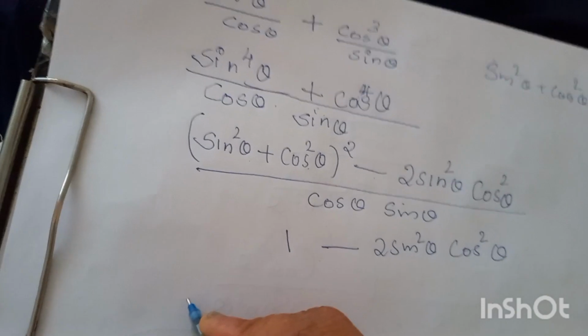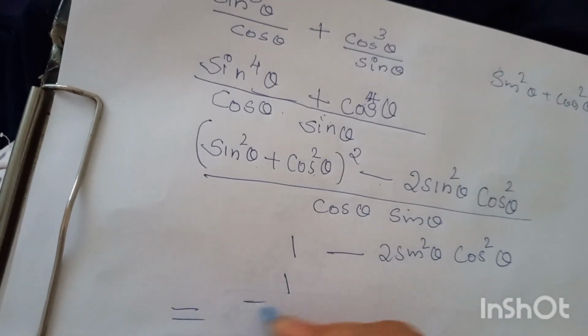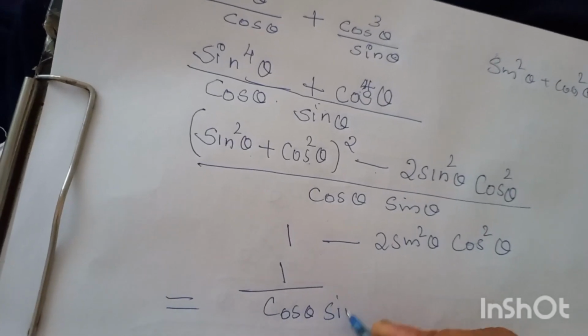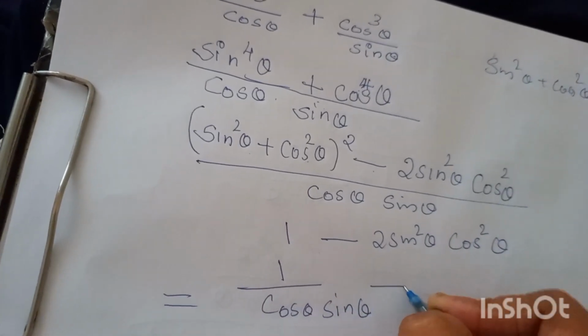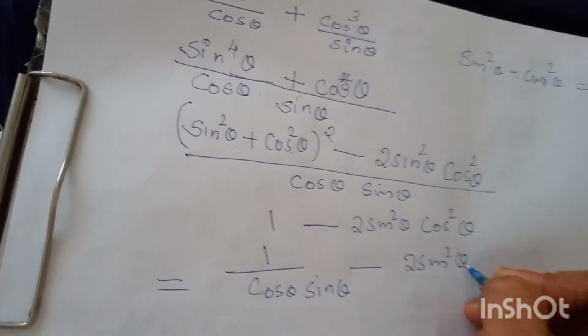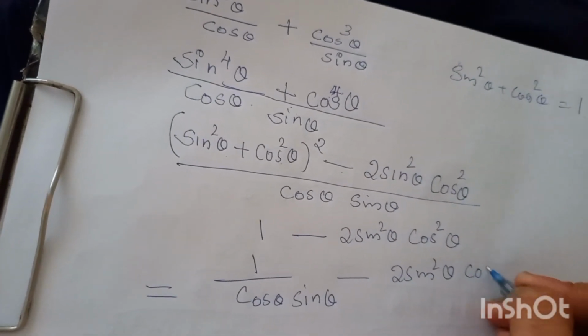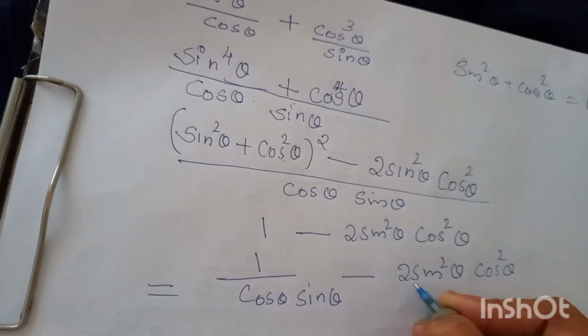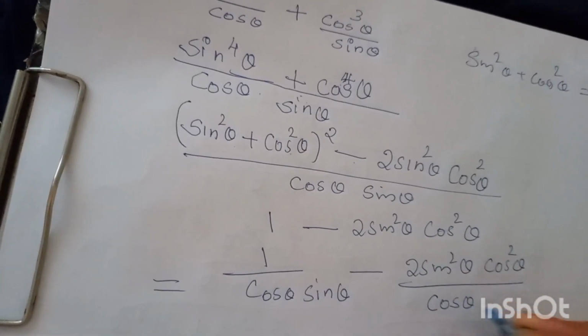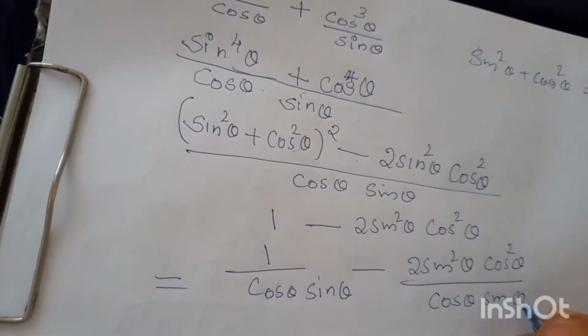So this is equal to 1 by cos theta sine theta minus 2 sine square theta cos square theta whole divided by cos theta sine theta.